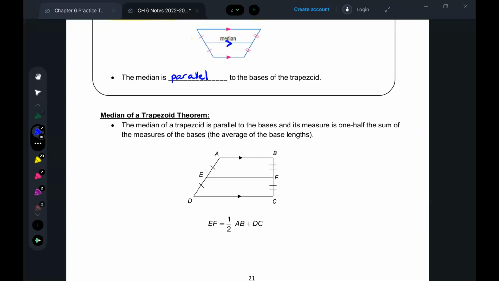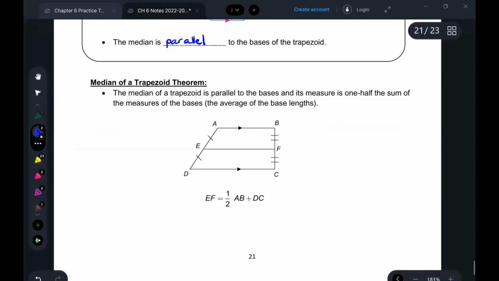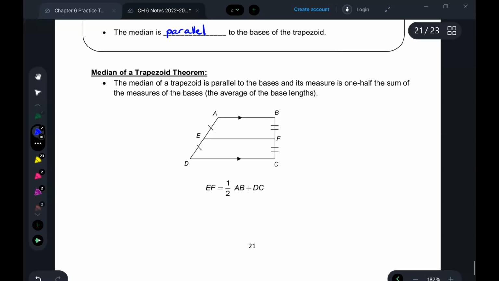And then we have the theorem, which has two parts to it. One is that the median is parallel to the bases, and it's 1/2 the sum of the measures. I put in parentheses the average.